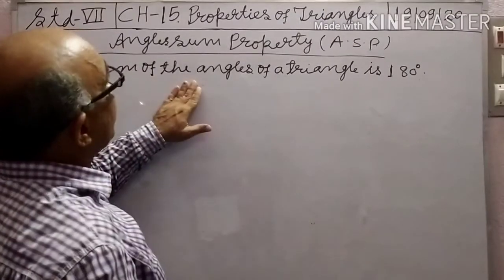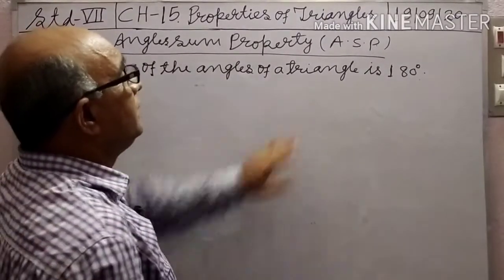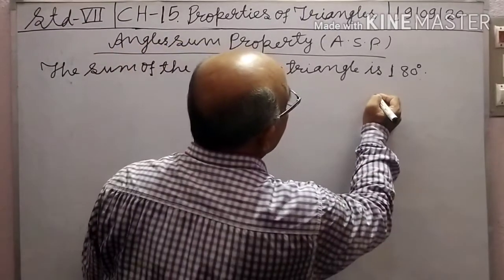The sum of the angles of a triangle is 180 degrees.